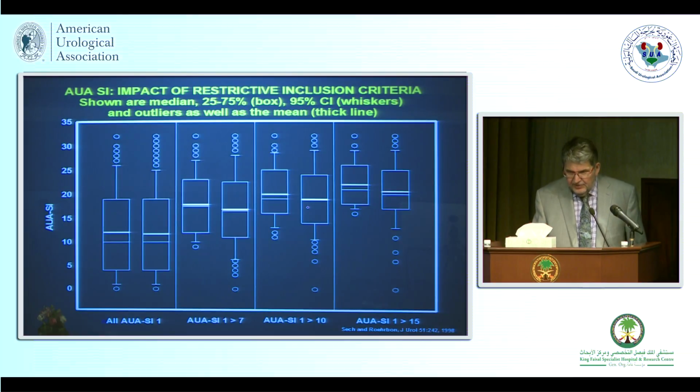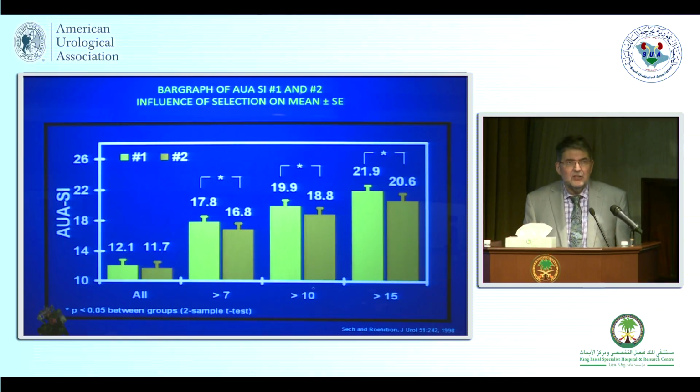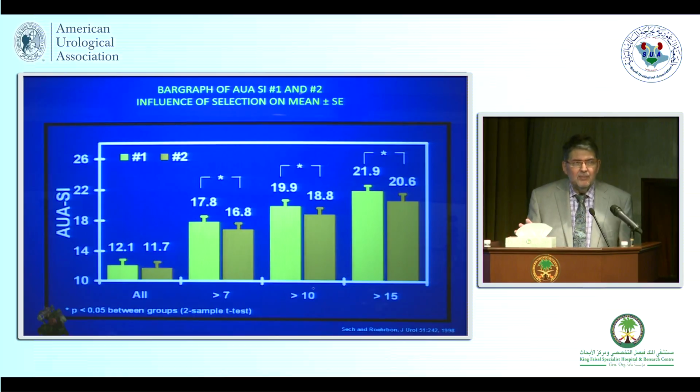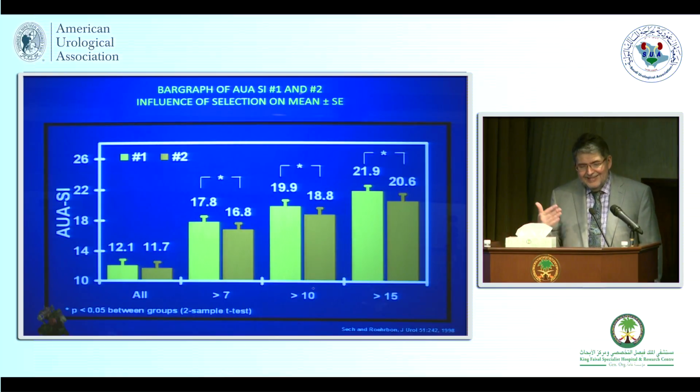And it's an absolutely phenomenal thing, and it shows here when we use a restriction of greater than 7, greater than 10, or greater than 15 points, and it demonstrates that you actually can induce completely artificially a statistically significant symptom improvement.